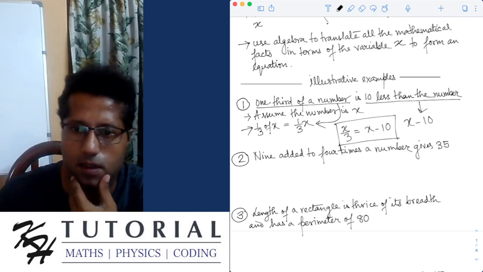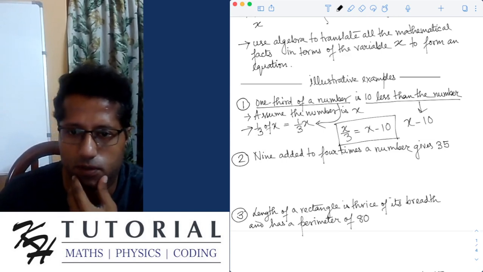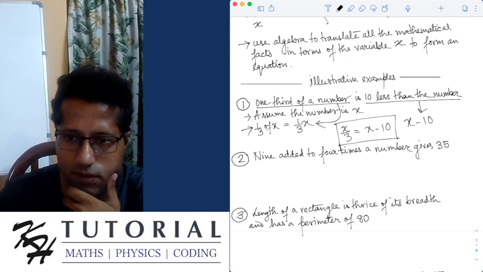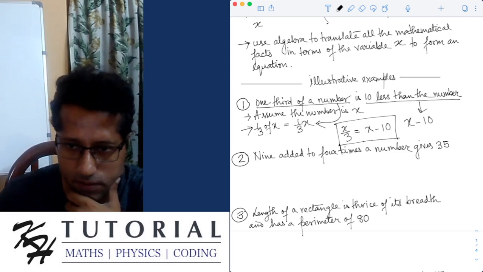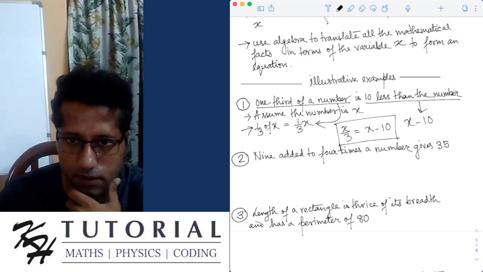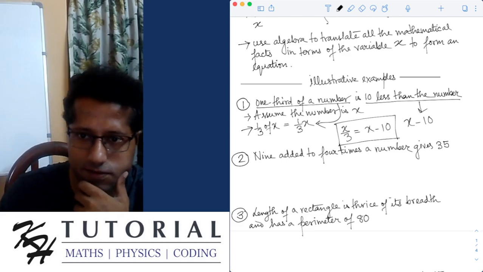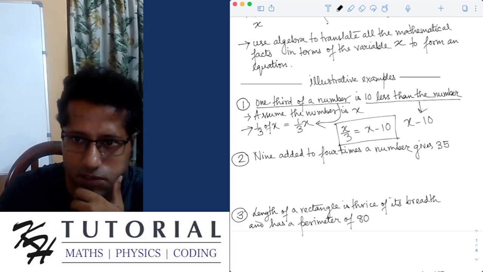Okay, let's see question number 2. 9 added to 4 times a number gives 35. Now you have to solve a lot of problems to understand the word statement. So what do all the words mean? For example, in the first one, "is" means equality.